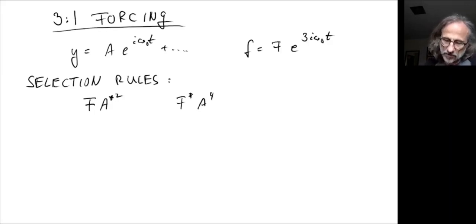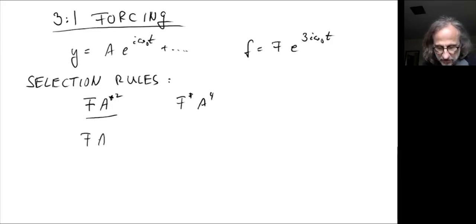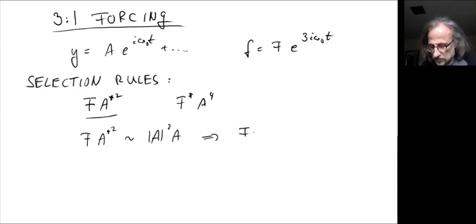So if you look at the leading order terms, obviously this is higher order than that, and so we focus on this term. Then, as before, we also want saturation of the amplitude. So we want F A star squared to be of the same order as absolute value A squared times A, and therefore F should also be of the order of A.